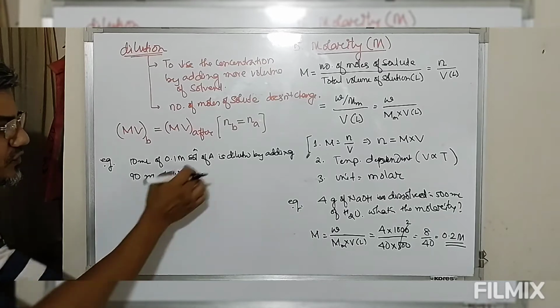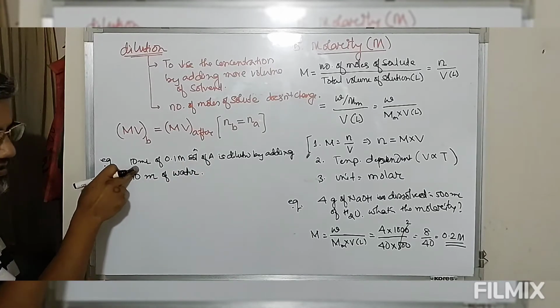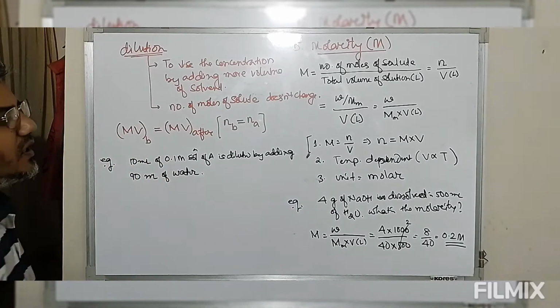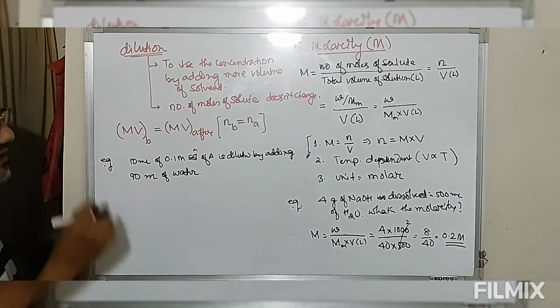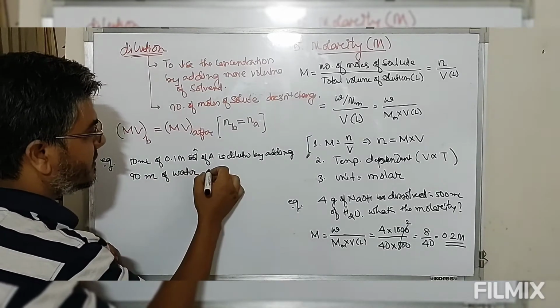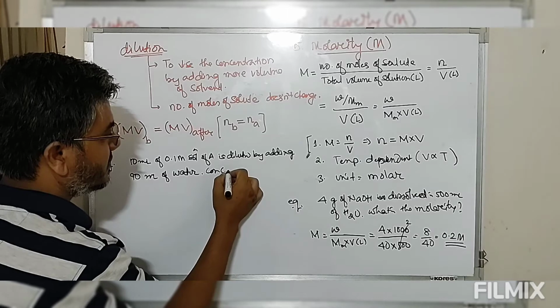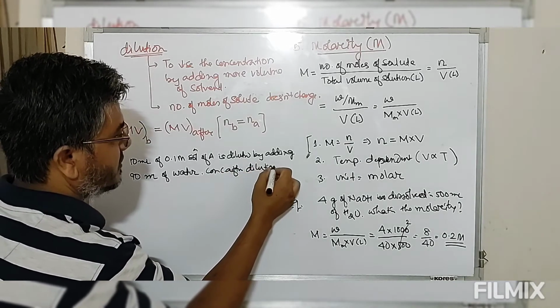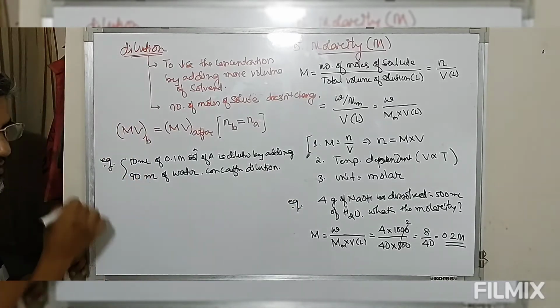So we have a solution of A. The volume is 10 ml, the concentration is 0.1 molar, and by adding an extra 90 ml of water, what is the concentration after dilution?